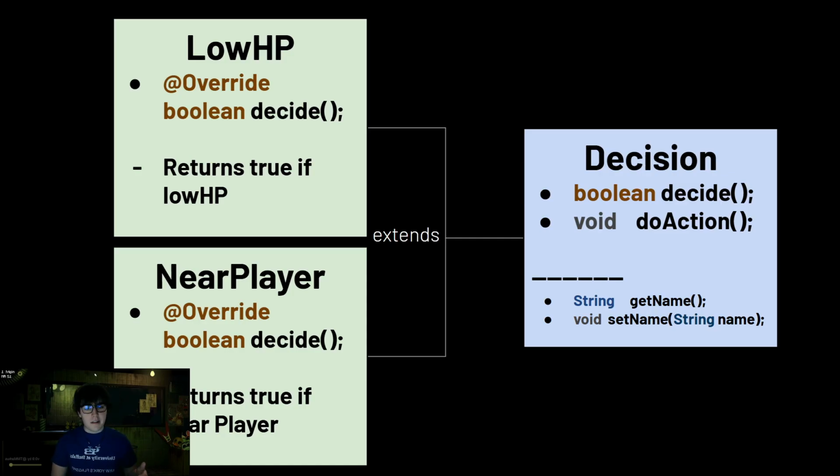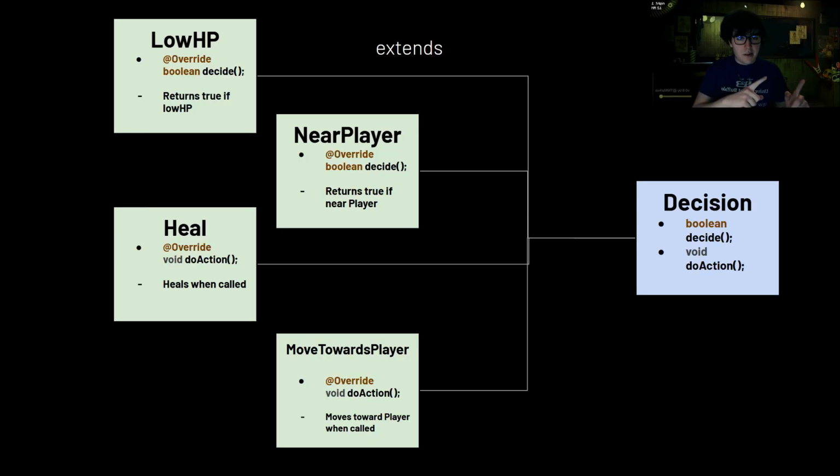So it's kind of not useful to have a definition for do action for any nodes that are not leaves. And we'll get to what that exactly means in a little bit, but just keep that in the back of your mind right now. I'm going to move my head up here because I noticed I was blocking a bit of the other thing, but that thing I was blocking up here that just said returns true if near player.